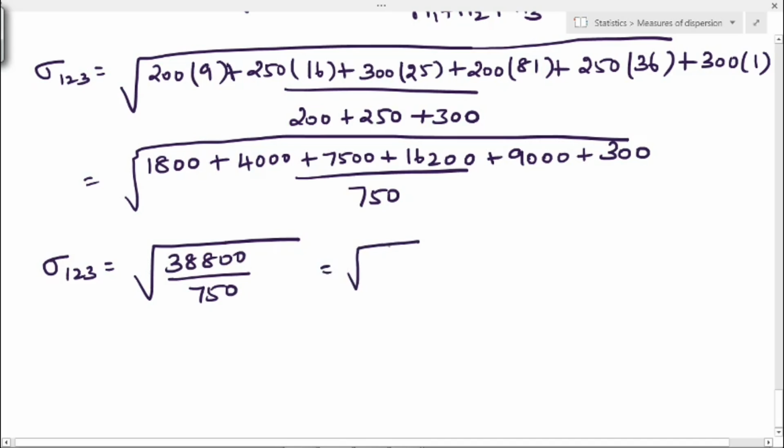If you divide, you will get 51.7333. Therefore the sigma 1 2 3 value is 7.1926. So this is the value of the combined standard deviation of 3 groups.